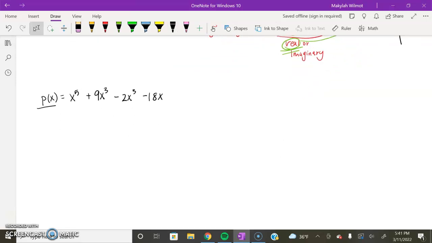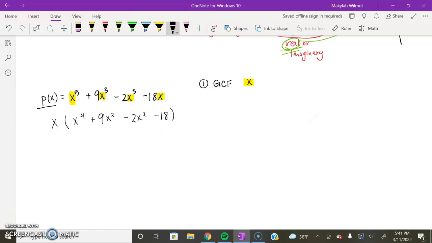So to factor this, we're going to look at first the greatest common factor. Well, guess what? All of these have an x. So we have a greatest common factor of x. So then we're going to have x to the 4th plus 9x squared minus 2x squared minus 18.